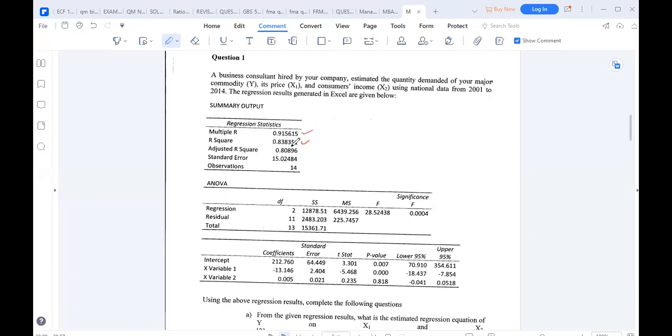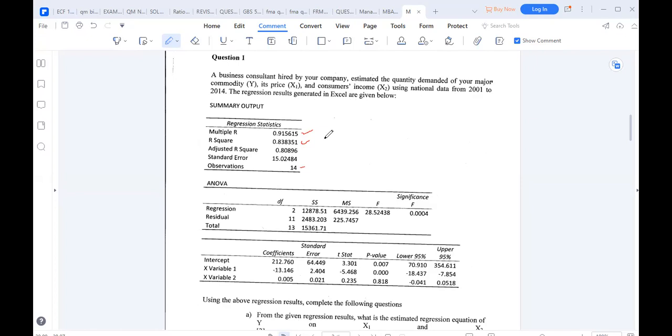Then R squared here simply tells you the extent to which X affects Y. We're told that there is an 83% or 84% influence that the independent variables have over the dependent variable. The observations in the data set show that you have 14 observations.